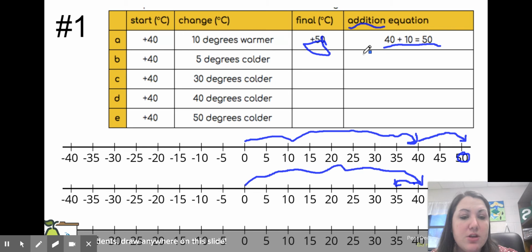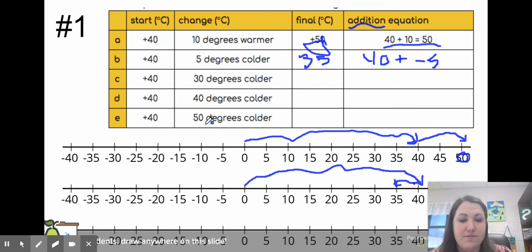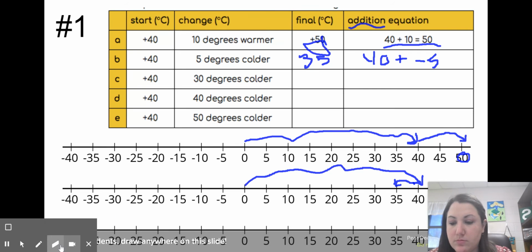But since we're working with addition here, we got to think negative numbers. So we know we started at 40, and then we added a negative 5 to get our answer of 35. You're going to do this with the rest of the table as well.